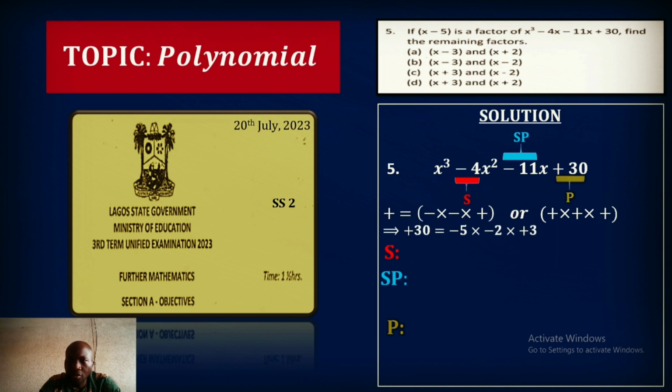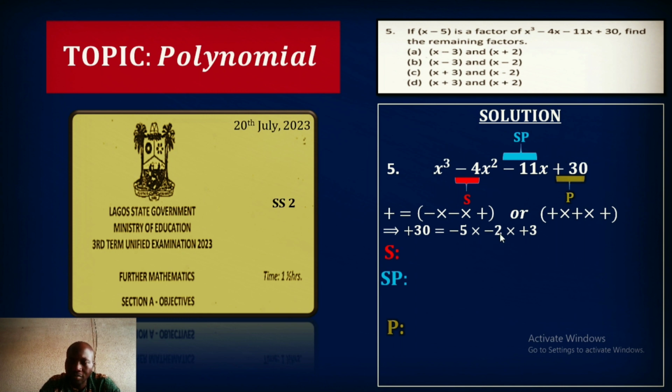Now, I'm starting the very first product with a minus 5 because we have been given one factor already. So this minus 5, I'm going to start with that here. Then I will think of two more factors that I will multiply together, that together with minus 5 will give me plus 30, which is the product of roots.